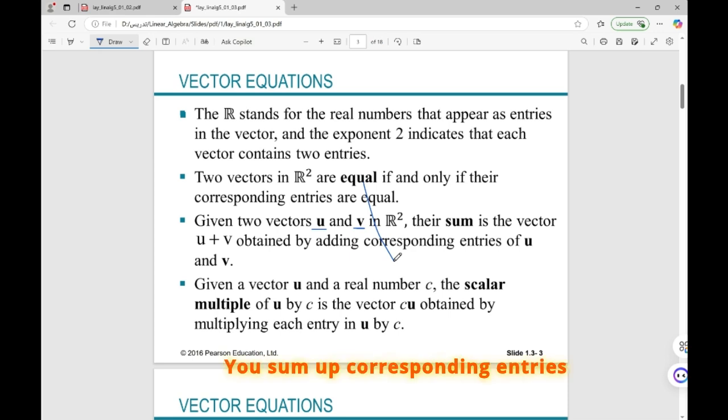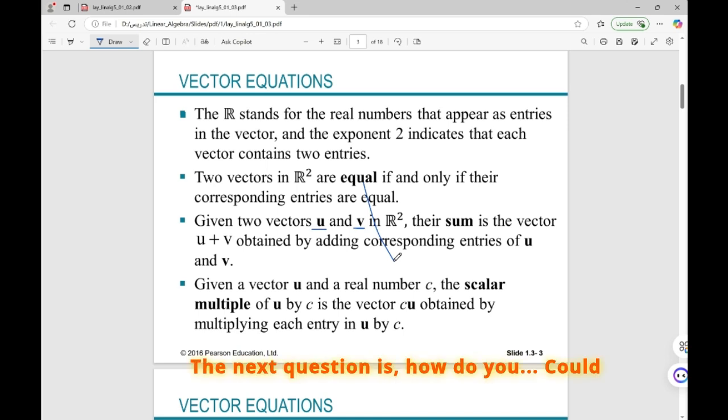Exactly. You sum up corresponding entries in u and v. So you sum up the first entry of u with the first entry of v. You sum the second entry of u with the second entry of v, and etc. You sum the last entry of u with the last entry of v. Very simple.